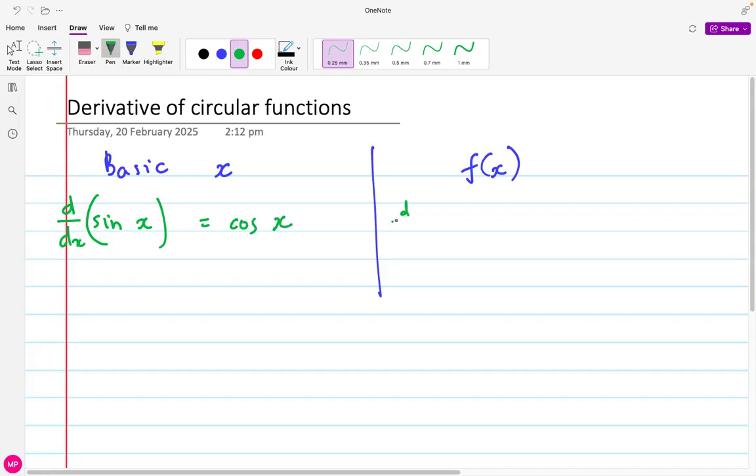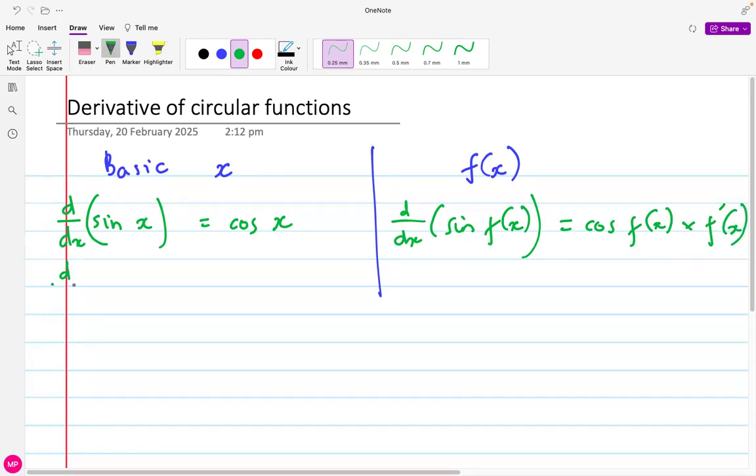So you can guess what the derivative is if it's sin of f of x. So it's a function here. Based on the basic formula, we have cos of f of x, and then we times by the derivative of f of x, so we times that by f dash of x.